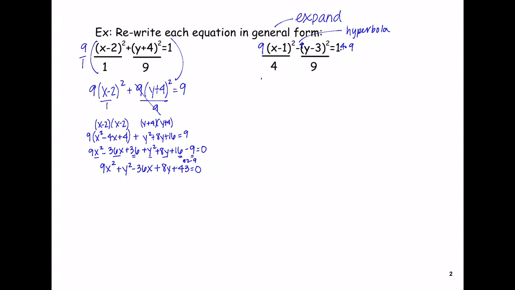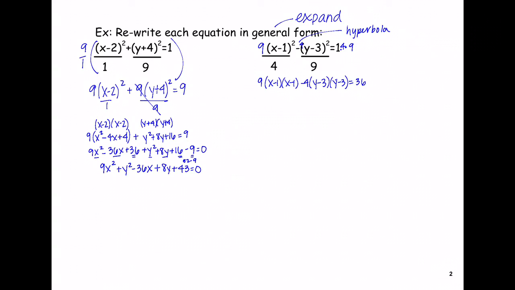And we will be left with 9 times the quantity of x minus 1 times x minus 1 minus 4 times y minus 3 times y minus 3 equals 9 times 4 times 1 is 36.